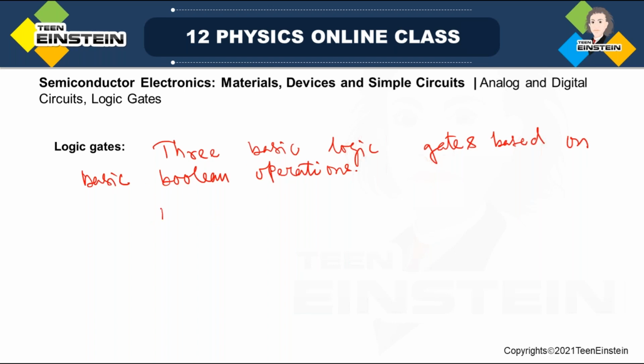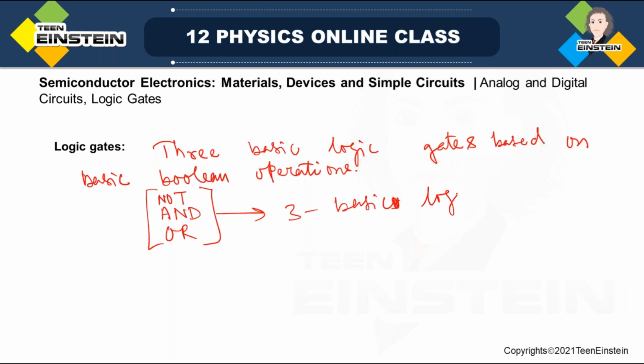Let me start with NOT gate, then AND gate, and you have OR gate. So these are the 3 basic logic gates.